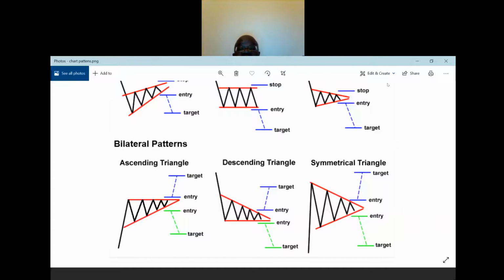Here you don't know for sure whether it's going to go up or down. So we call them bilateral patterns: an ascending triangle, which can go either up or down, a descending triangle, which can go either up or down, and then a symmetrical triangle, which can also go either up or down.